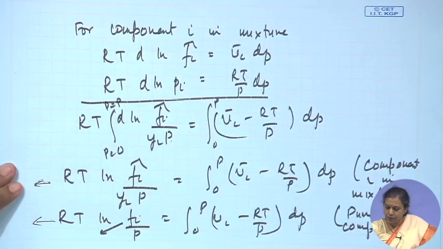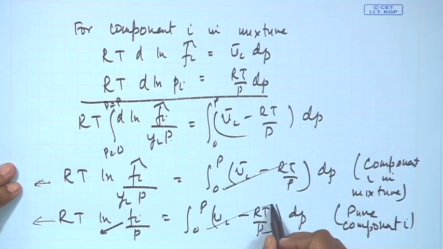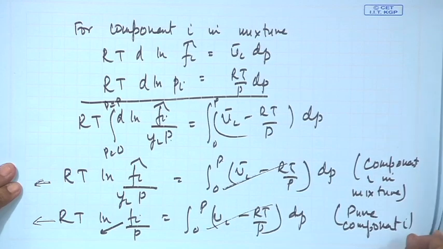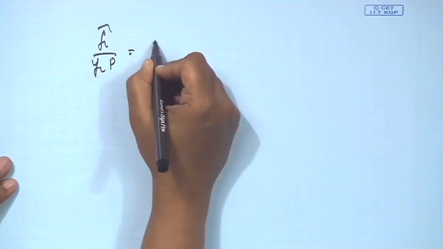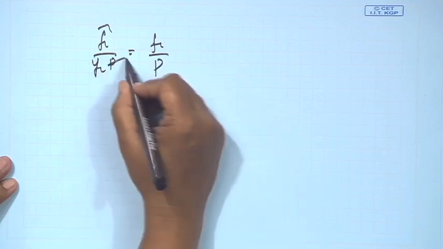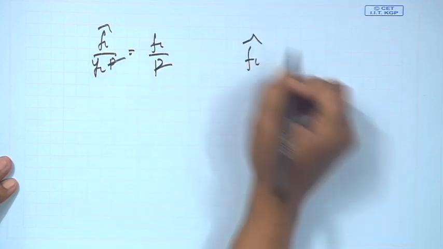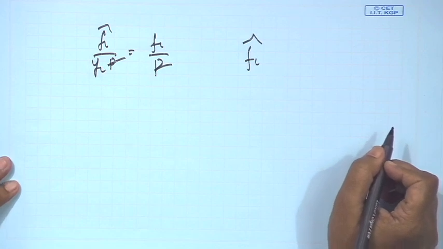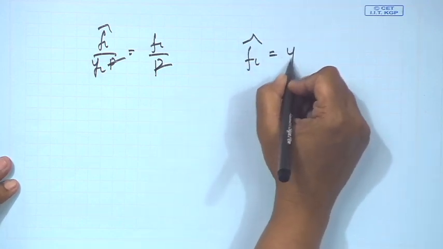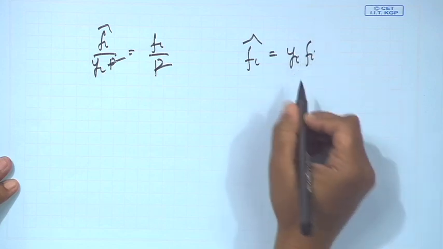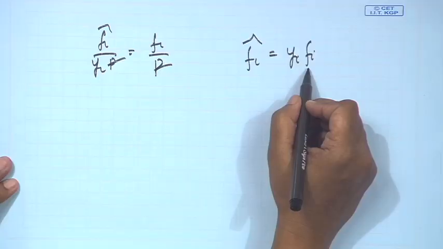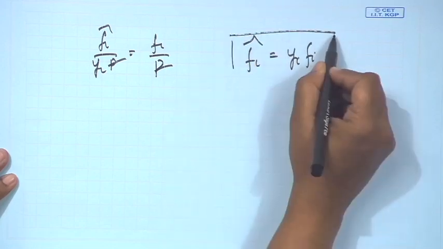So, if it obeys Amagat's law, then these two terms cancel out, and ultimately we get Fi bar by Yi P equals Fi by P. In other words, the partial molar fugacity of component I in a mixture is nothing but the mole fraction times the fugacity of component I in the pure state at the same temperature and pressure as that of the mixture.